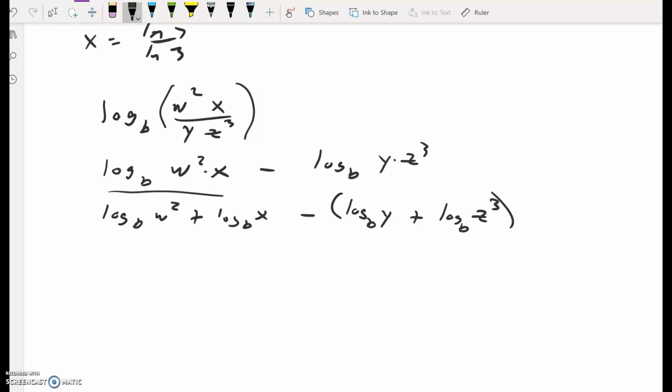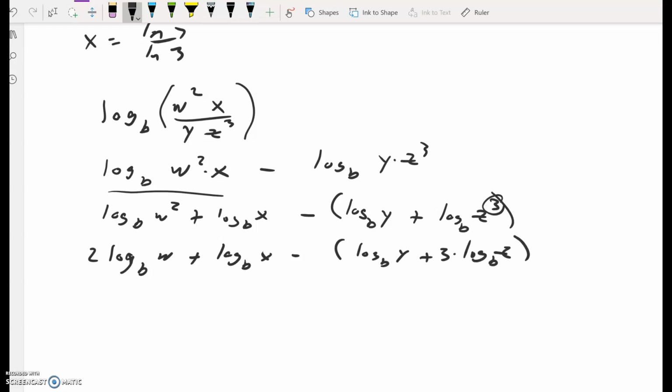But we're only supposed to have the logarithm base b of the letters, none of these exponents. And so using the property, we could bring this exponent down in front and multiply it by the log base b of w plus the log base b of x minus, in parentheses, the log base b of y plus, bringing this down and multiplying, the log base b of z. This is a good enough answer. I would accept it.